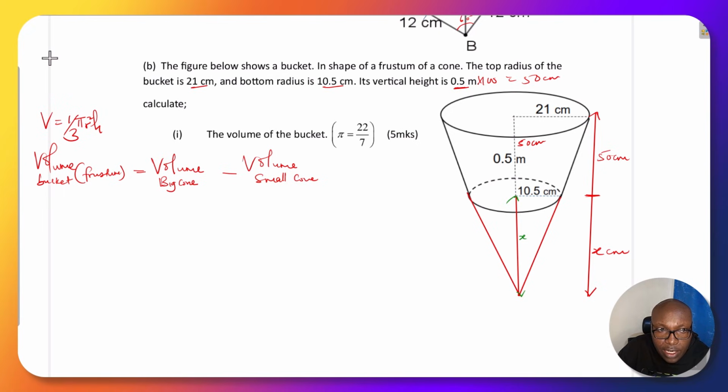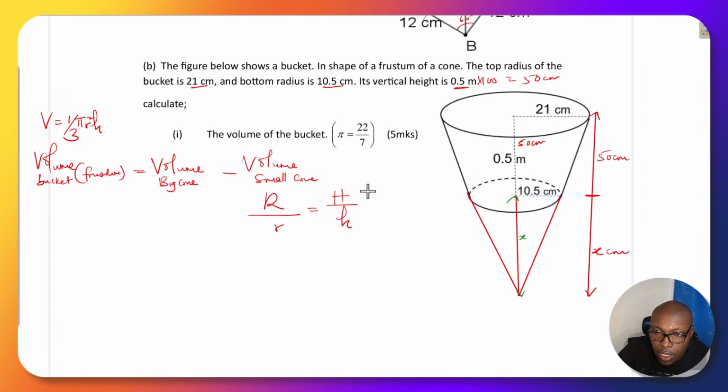So we can use similarity, the ratio of the corresponding sides, that is the linear scale factor. We can use the radius of the bigger cone divided by the radius of the smaller cone. That should give the height of the bigger cone divided by the height of the smaller cone. The ratio of the corresponding sides is supposed to be constant.